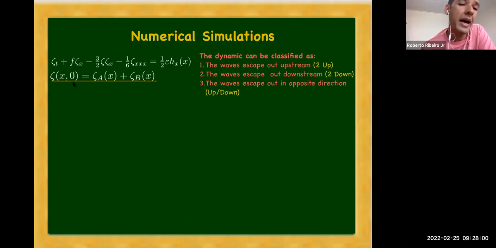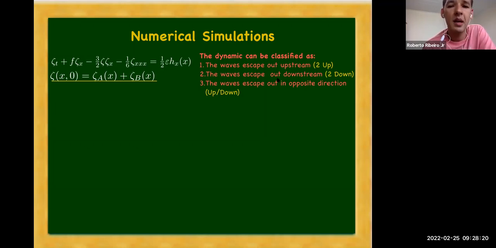So when you have as initial data the sum of two waves, the dynamic can be classified in three events. First event, the two waves can escape upstream.